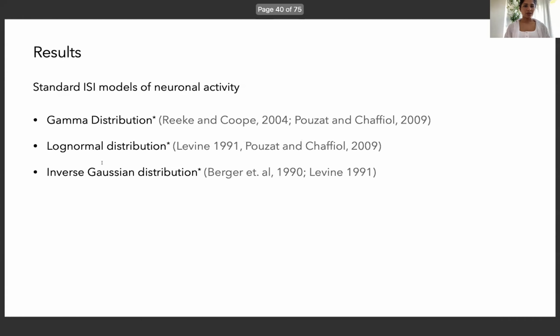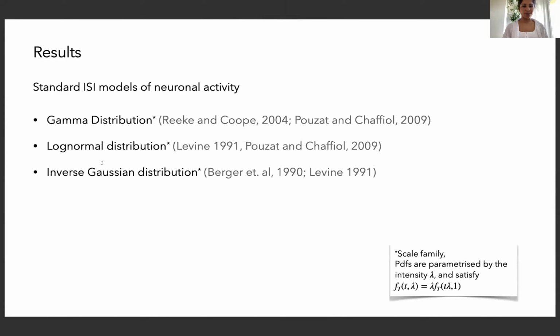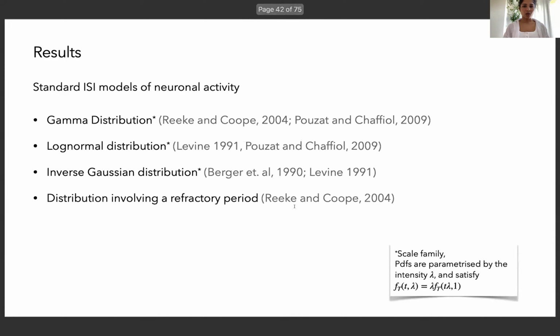The first three models that we consider are the gamma distribution, log normal distribution, and the inverse Gaussian distribution. These are scale family distributions. The probability distributions are parameterized by the intensity lambda, and they satisfy this peculiar property here. The fourth distribution that we will talk about involves a refractory period.